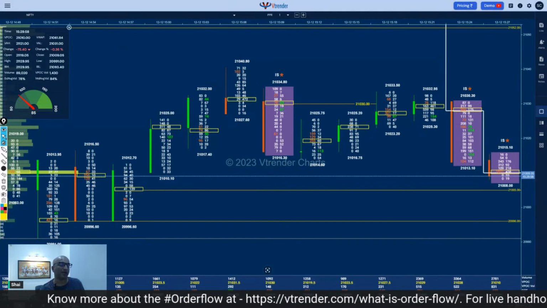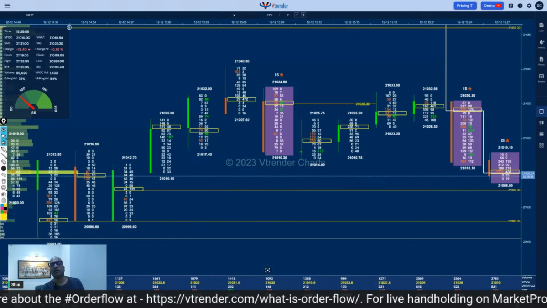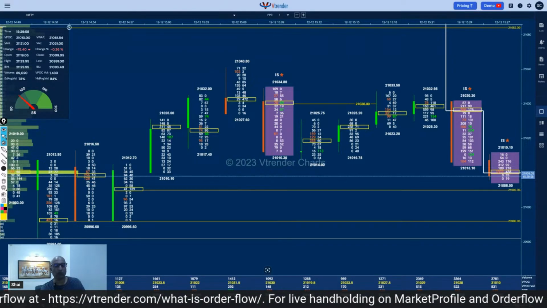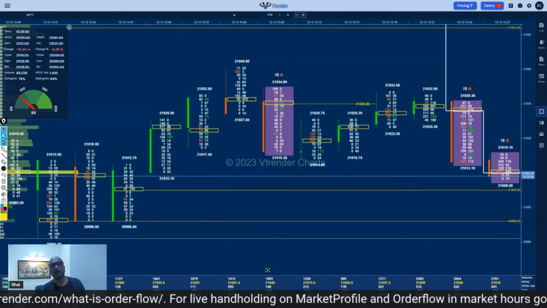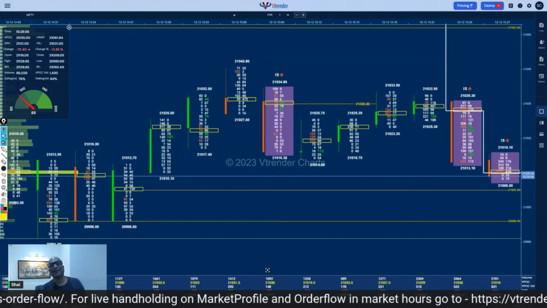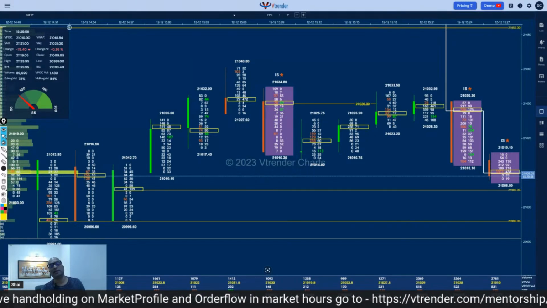Now, one particular trader does not make a market. So what we do is we try to see if there are a number of traders who are sharing that same sentiment, that same feeling.